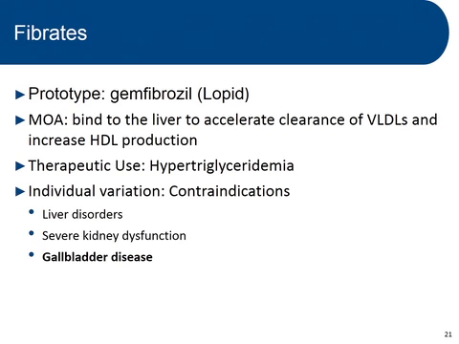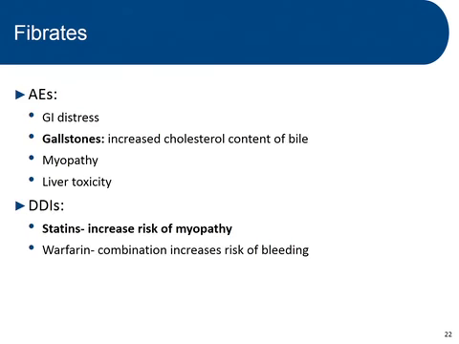So some issues, there are several contraindications. In severe liver dysfunction, severe kidney dysfunction, and especially gallbladder disease, this drug can be a very big problem in patients that are predisposed for gallbladder disease. So adverse effects, of course, like many of our other cholesterol drugs, they cause GI problems, nausea, vomiting, diarrhea, and then gallstones.